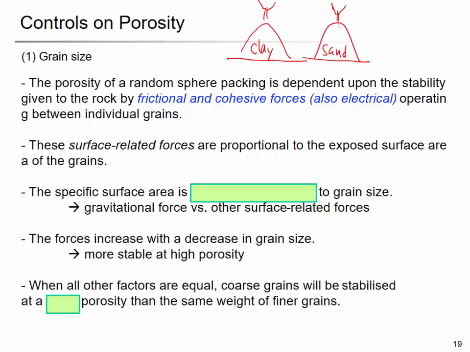So using a funnel, if you pour the dry clay and the sand gently, with maybe the same mass, which one will have the higher porosity? Clay has much higher porosity. Why?